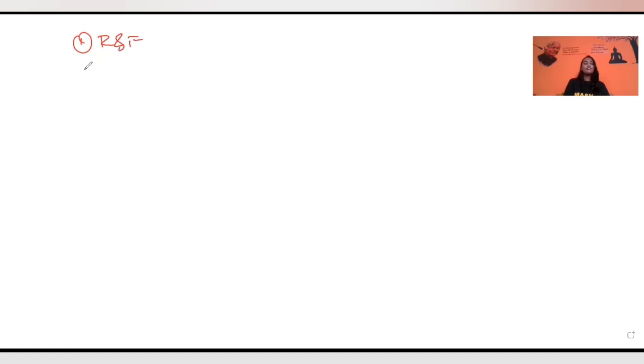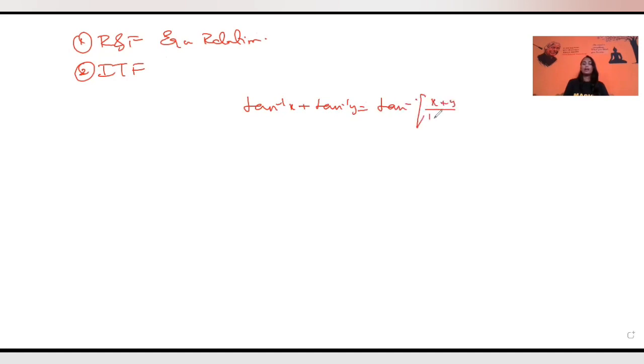Next, when you come to inverse trigonometric functions, it will be asked on formulas like tan inverse x plus tan inverse y is equal to tan inverse of (x plus y) divided by (1 minus xy).